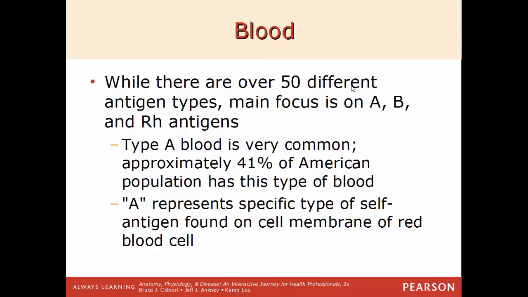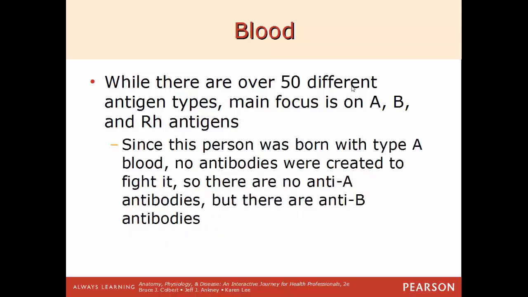And when we say type A, that represents a specific type of antigen that's found on the surface of red blood cells. This is what determines what your blood type is. The special compound is found as an identifier on your red blood cells. Since this person is born with type A blood, it won't make any antibodies to fight it. So there are no anti-A antibodies, but there will be anti-B antibodies.